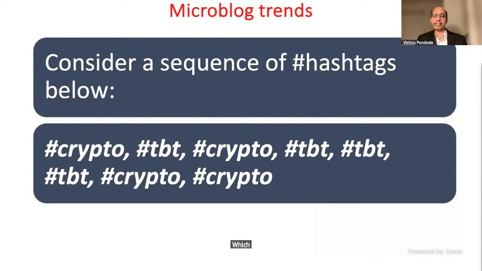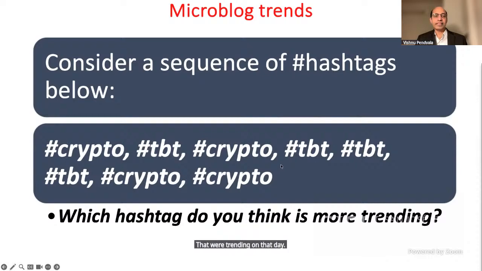Which day of the week did I search? This was a different day, and the previous one was on a different day. This was on a Thursday. How can you tell? TBT stands for Throwback Thursday. A lot of folks tweeted on that day with hash TBT. So this is a sequence of hashtags that were trending on that day. We want to find the most trending hashtag, right? Which hashtag do you think is more trending?